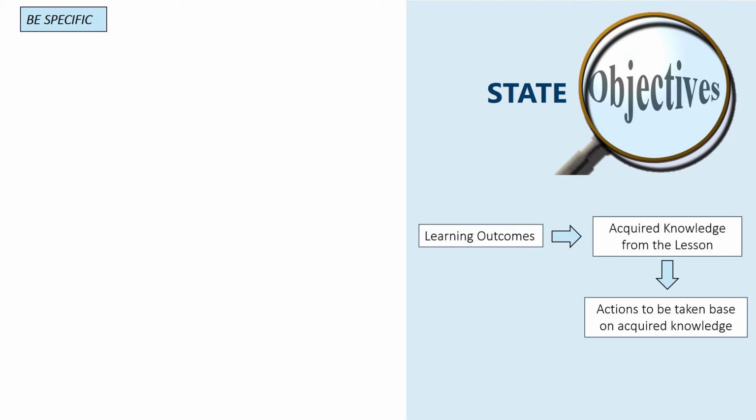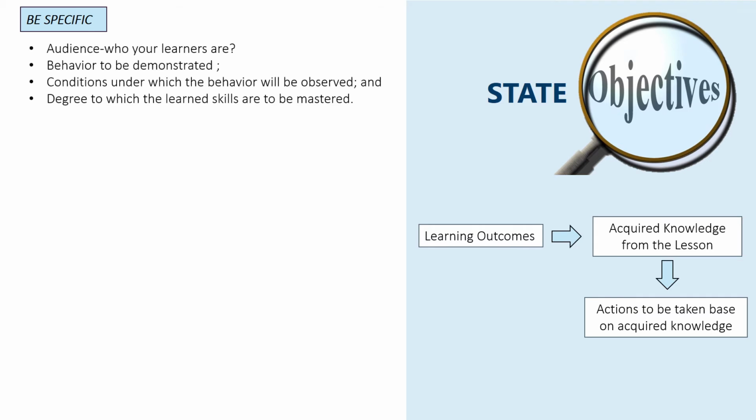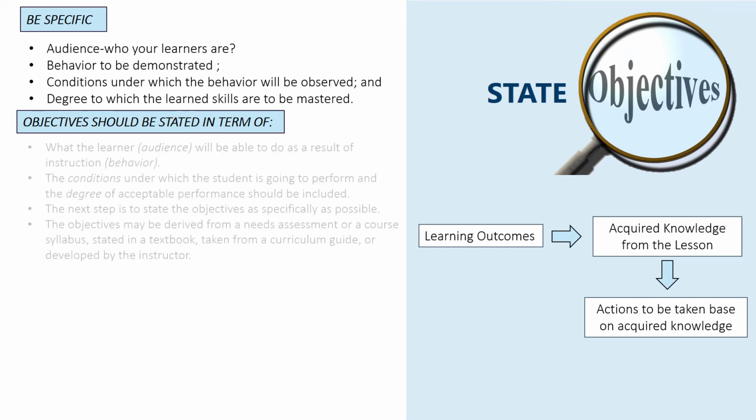Most objectives contain four parts: audience, who the learners are; behavior to be demonstrated; condition under which the behavior will be observed; and degree to which learned skills are to be mastered. The mark of a good set of learning objectives is conformity to the ABCDs of well-stated learning objectives.